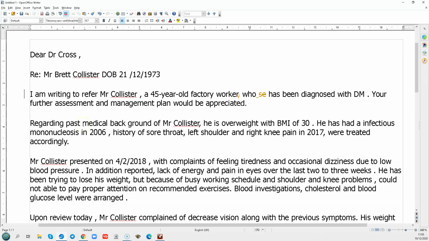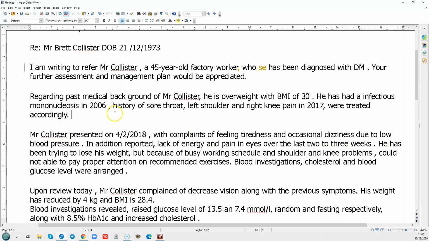If you have to include it, you don't actually need to, but there's more than one way. Simply, I'm writing to request your further assessment and management of Mr. Collister, who's been diagnosed with DM. Now, I would spell out abbreviations for the first usage. That's what I would do.